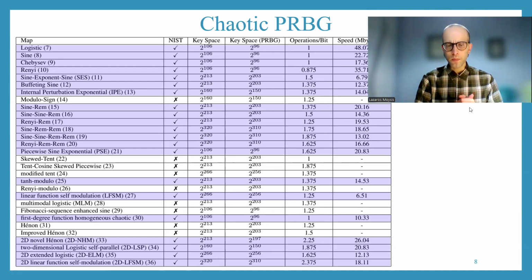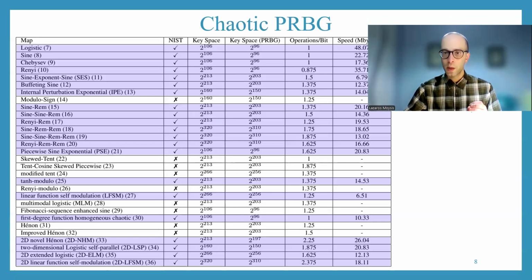Okay. We also found out that most of the maps that we considered have a very big key space. Okay, and also we tested the speed for this generator, and indeed we found out that many of these maps have a very good speed. So for example, very lightweight maps have very high speed.